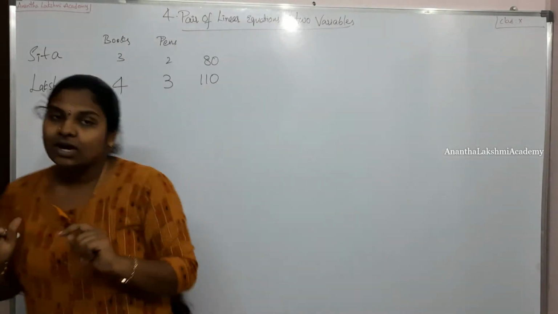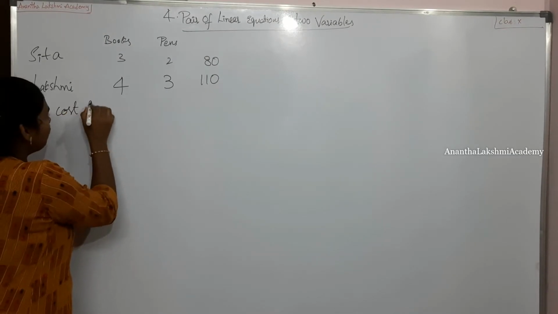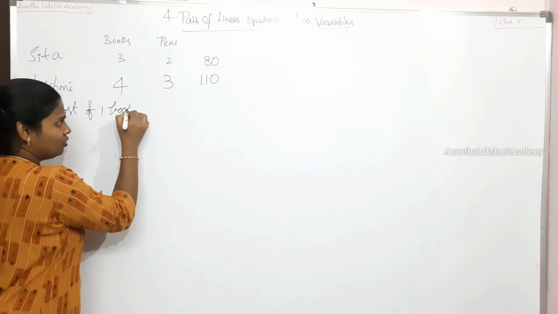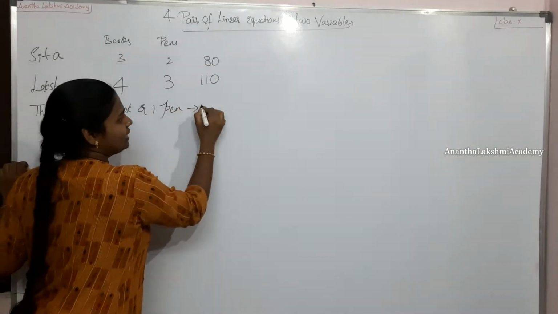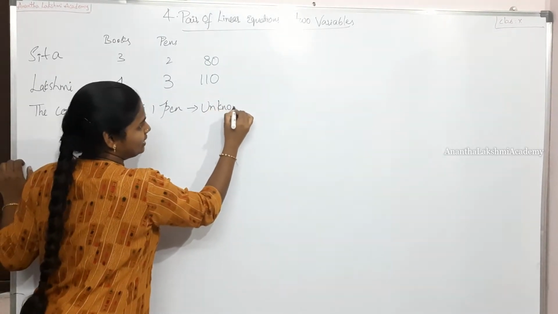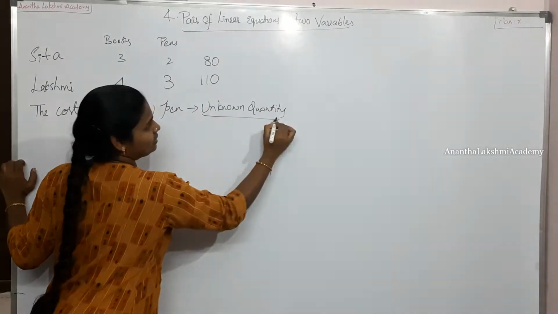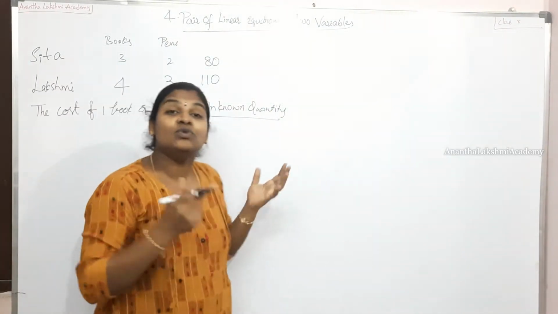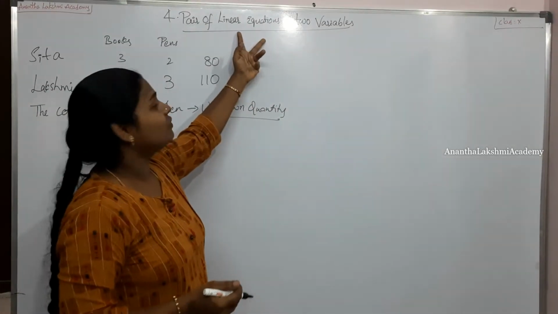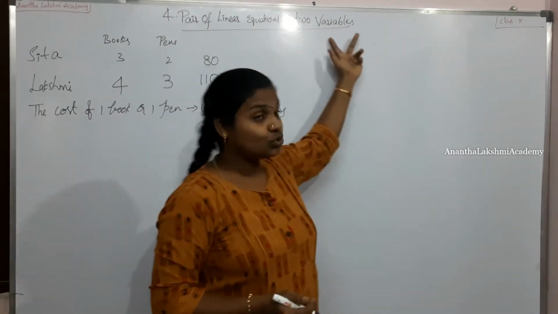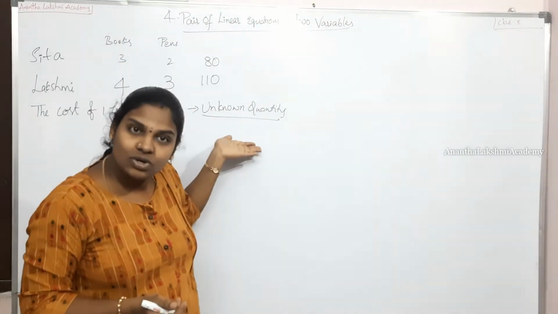The cost of one book or one pen is not known, and is called an unknown quantity. Why do we need variables? To address these unknown quantities. If you look at the title of the chapter, pair of linear equations in two variables, where do those variables come in? These unknown quantities.